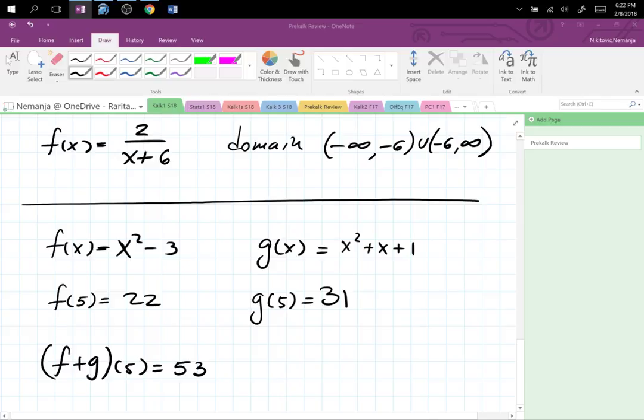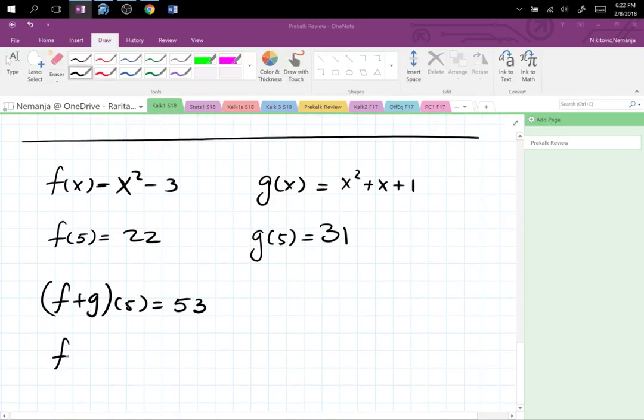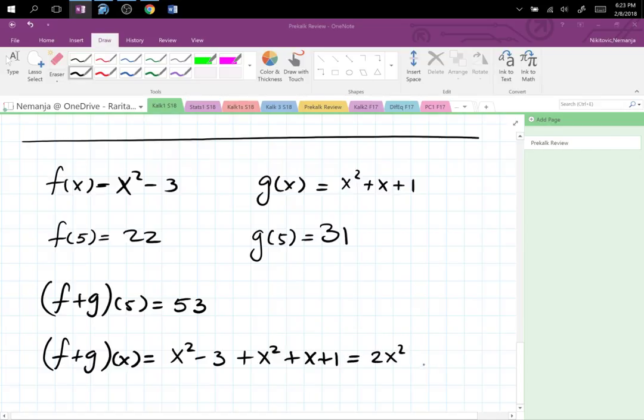But then you might be skeptical, and you say, well, okay, let me add the functions first, and then plug in 5 and see if I'm going to get 53. And you better. So we have x squared minus 3 plus x squared plus x plus 1 for the total of 2x squared plus x minus 2.